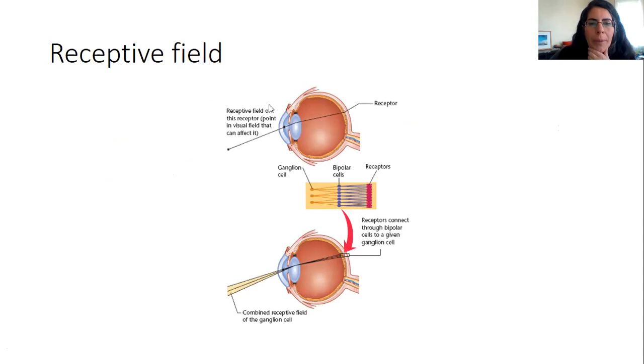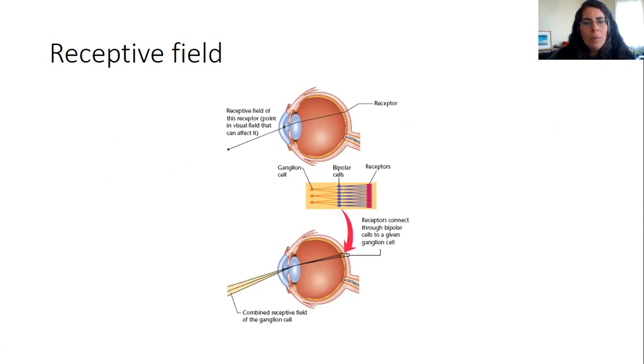So here's the eyeball, and lining the back of the eye is the retina. And the retina is lined with receptors. So this point in space, let's say there's an object out here reflecting light into the eye. It's part of the visual field. The visual field is everything that you can see, your whole area of view.